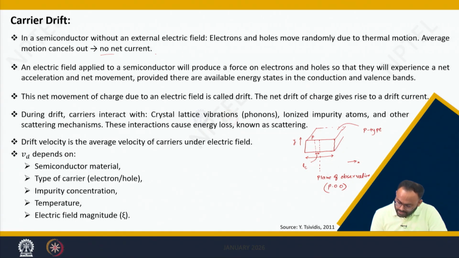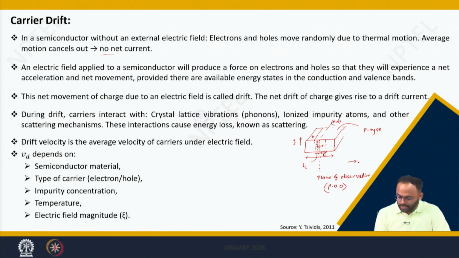A particle inside this strip will definitely cross the plane of observation without collision. The mean free path is the distance an electron travels between two successive collisions. Similarly, we assume this is LC. So if a particle resides in this strip, it will definitely cross the plane of observation.